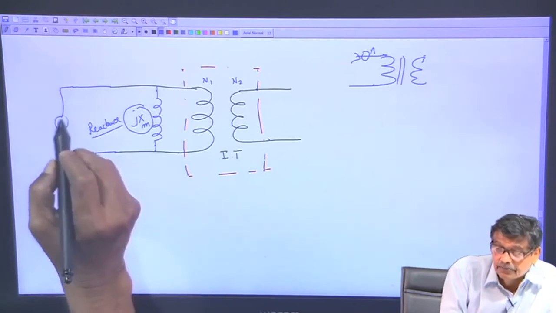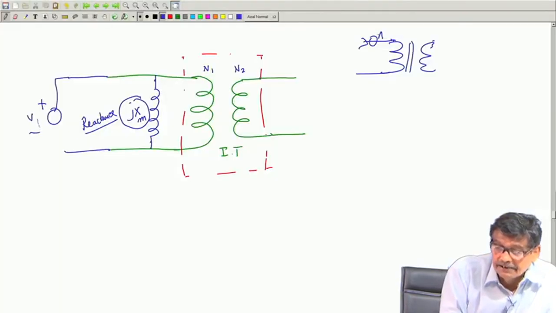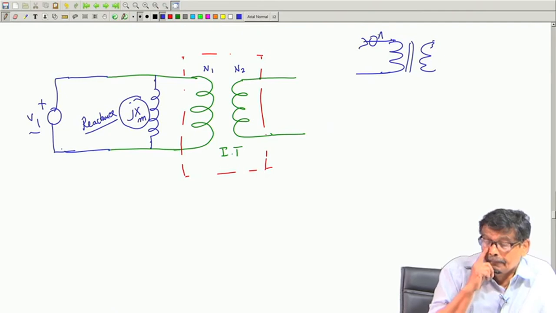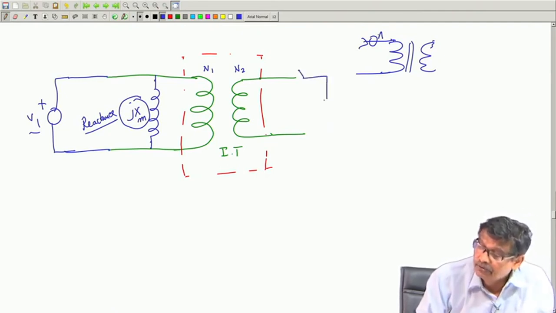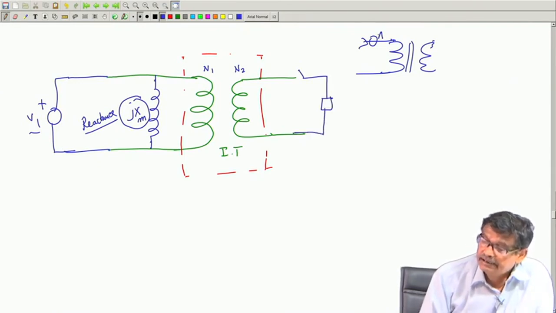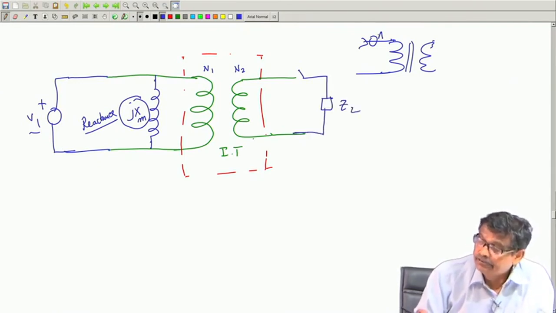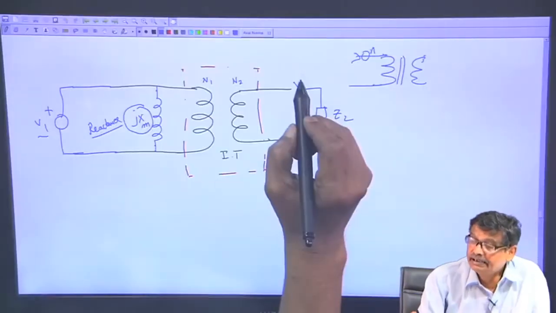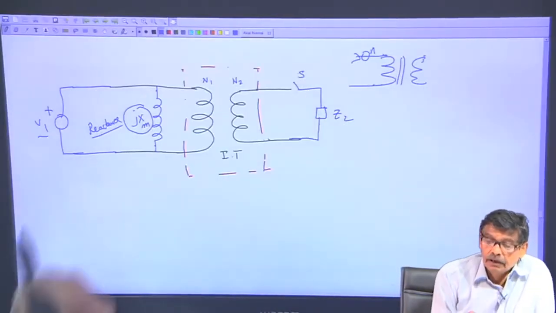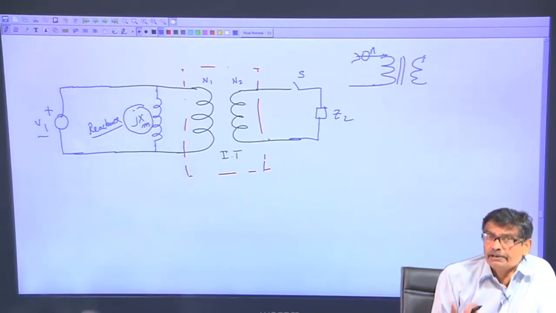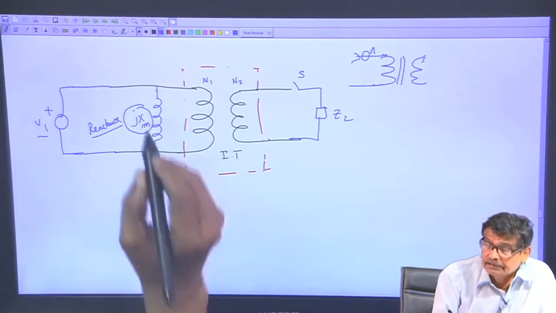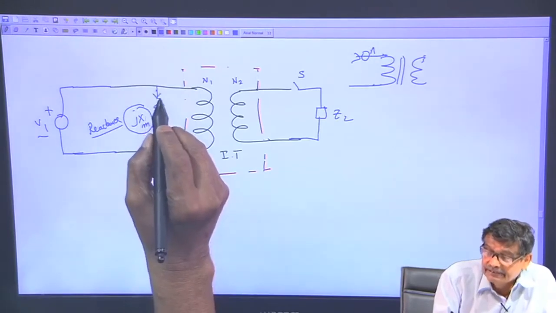So, here is your V1, the applied voltage. You see, there is a load connected, like this Z2, with S opened. This, as I told you, is a reactance. I have modeled the transformer. So, what is this current?